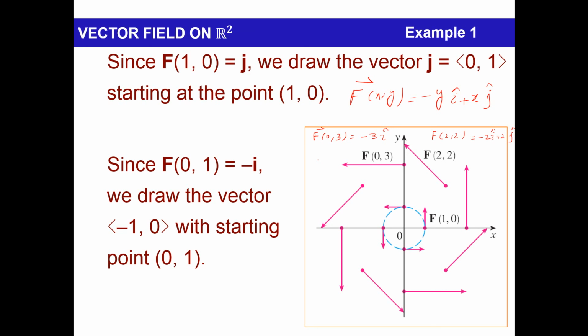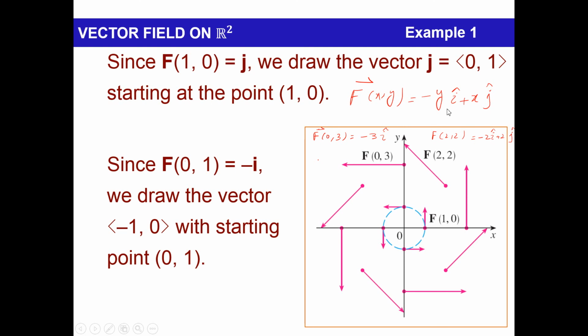Similarly, for (0, 3), first of all, we have to find the value of the function so that we can find how many units we have to move in which direction. So f(0, 3), that is x is 0, y is 3. Now plug in the values. x is 0 means this part is 0, so movement along the y-axis is 0.